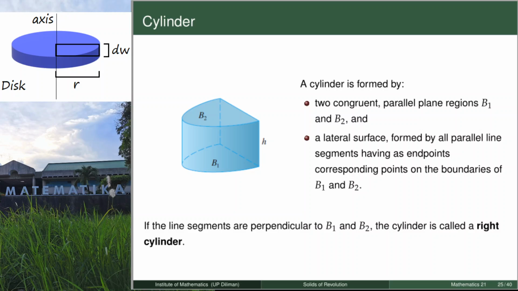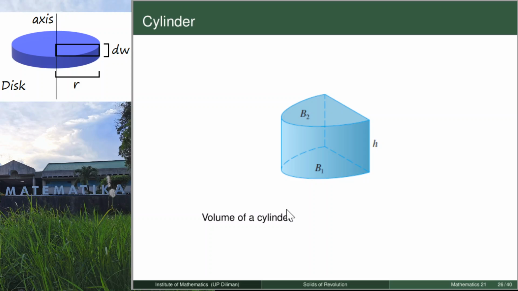An example of a right cylinder is a disk. In fact, a disk is a right circular cylinder where the top and bottom are circles, and the lateral surface makes a right angle with the top and bottom. The volume of a cylinder is area of cross-section times height.